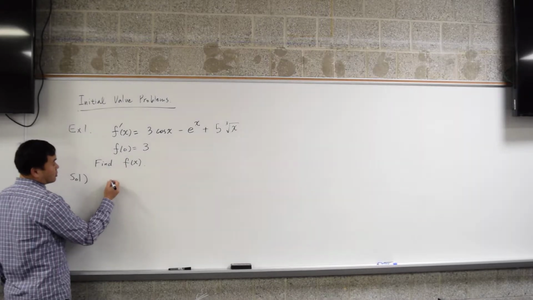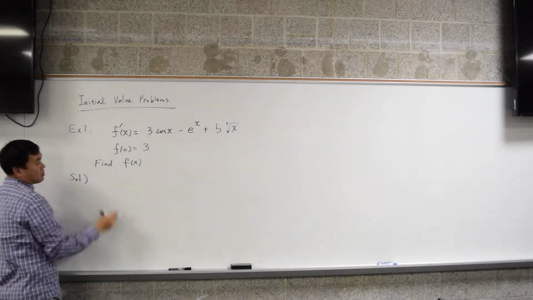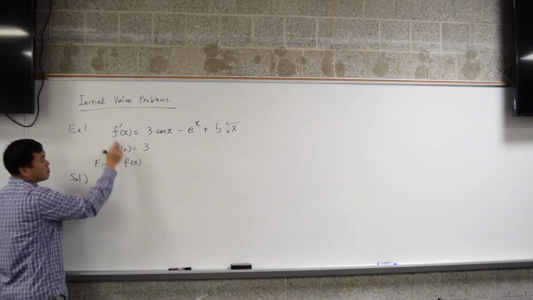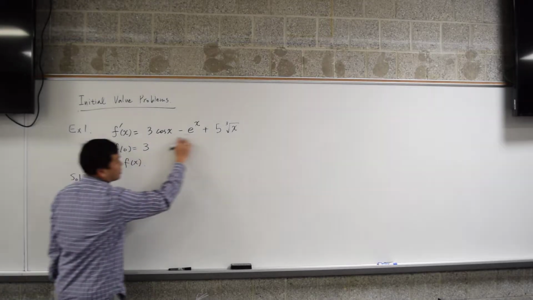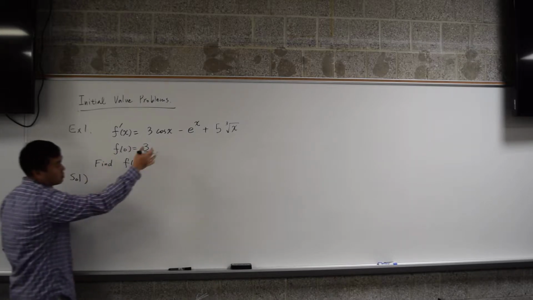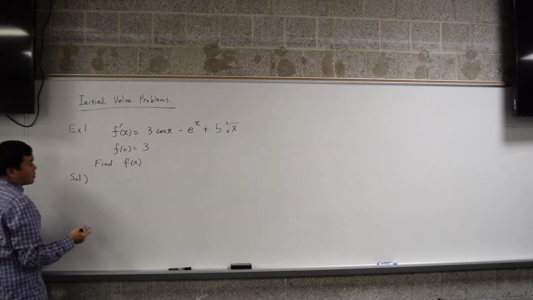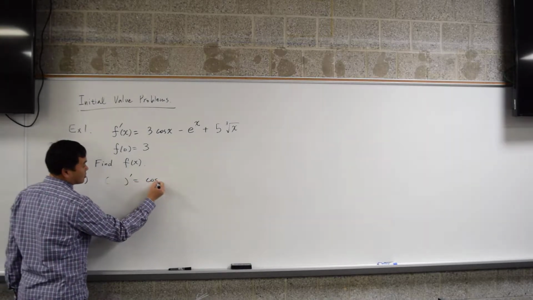First, because f of x is the antiderivative of f prime, this is a function whose derivative is this much, therefore this function must be the antiderivative of this. We just think about all the functions whose derivative will be cosine, e to the x, and cube root of x. What differentiates to cosine?